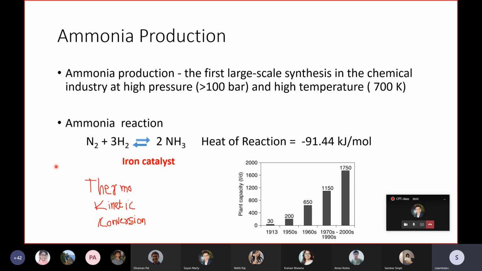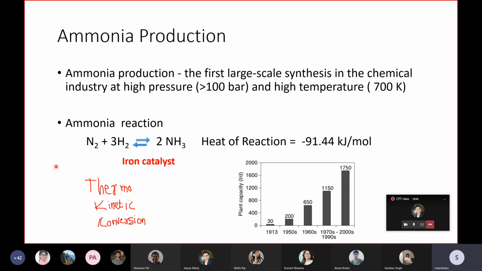At least I remember those problems. So the third thing we can learn from thermodynamics is equilibrium conversion. Equilibrium conversion means the maximum possible conversion at the temperature and pressure conditions.